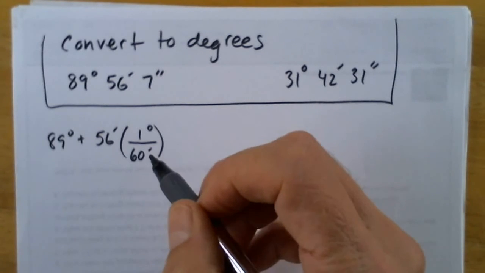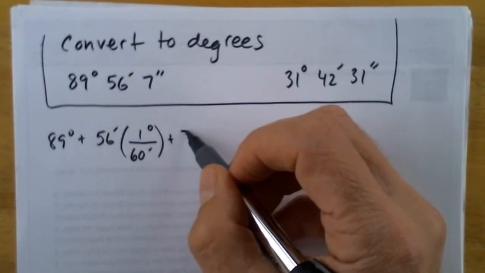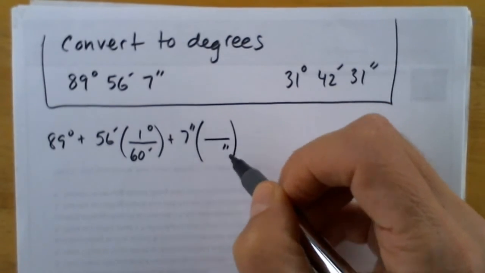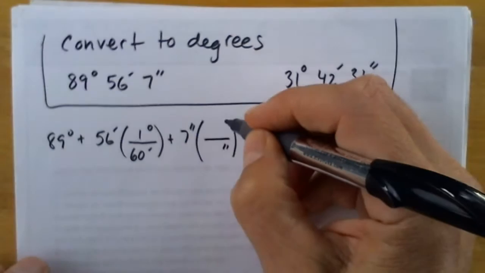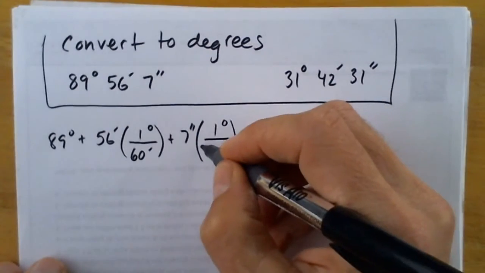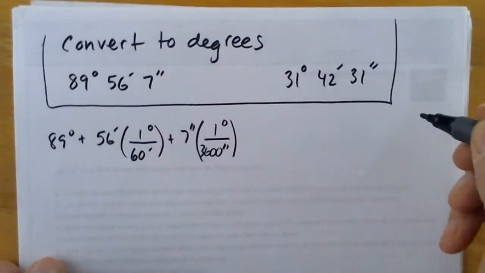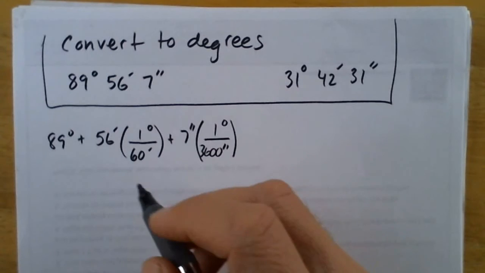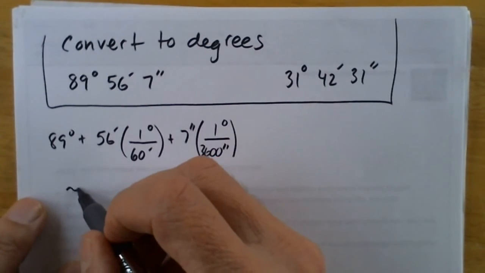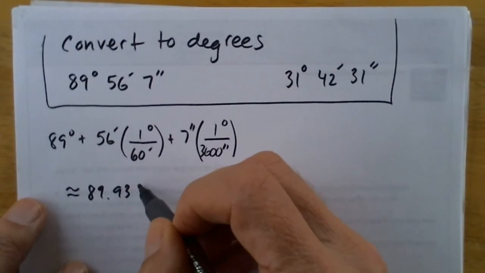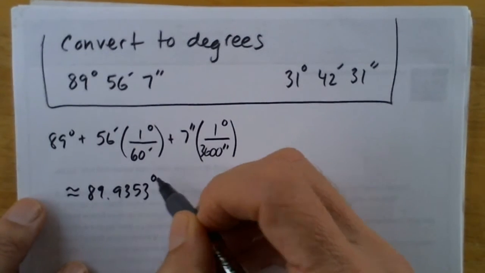And so now we're going to be dividing by 60. Here we have 7 seconds. So we know we want to have seconds cancel, and we want to be left with the degree. So we know that 1 degree is 3,600 seconds. And then we just divide here, and add it all up, and we get 89.9353 degrees.